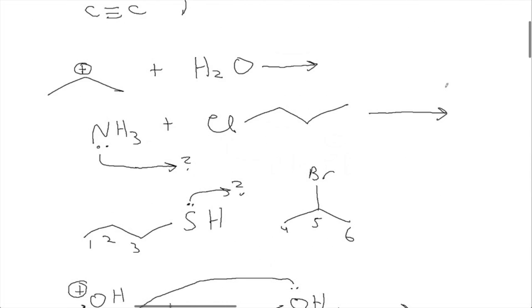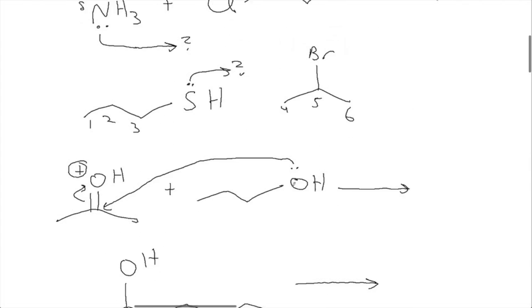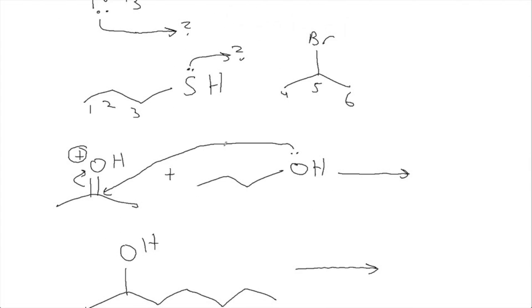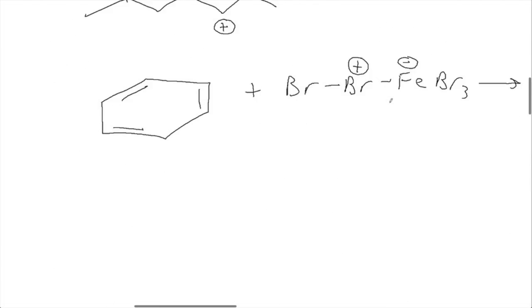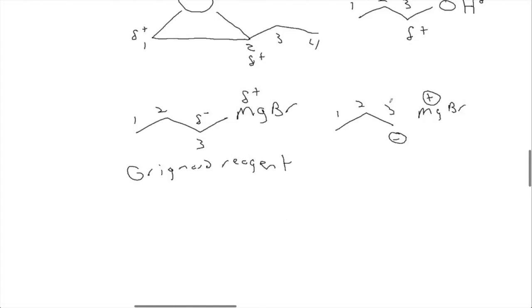For example, we said this was a nucleophile because of the lone pair. We could also have said it was a nucleophile because of its delta negative. So for the most part, this is not very important. Usually people focus more on the lone pairs than on the delta negatives because they usually go together.